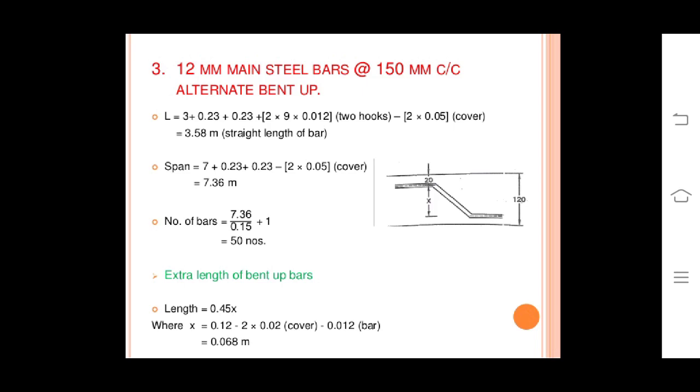Now for calculation of steel having 12 mm diameter and center to center distance of 150 mm, having alternate bent up.